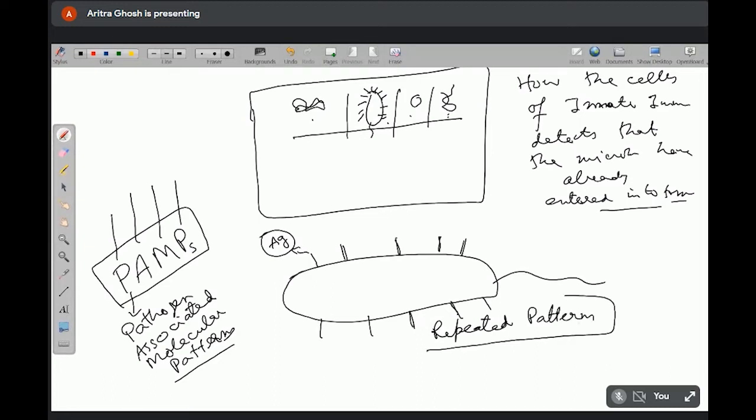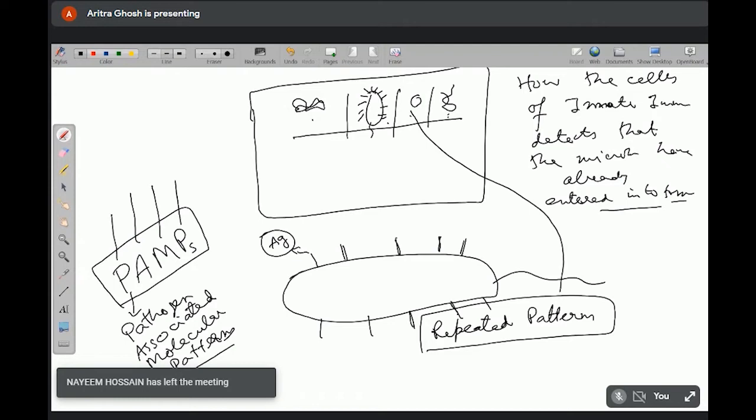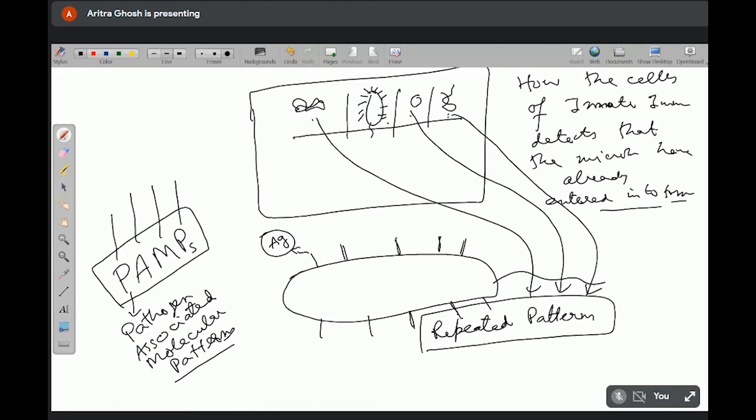Now how can our host cell detect this? The host cell has to define whether it is self or non-self. If it is self, it will do nothing; if it is non-self, it will take action in the second stage to fight this bacteria.